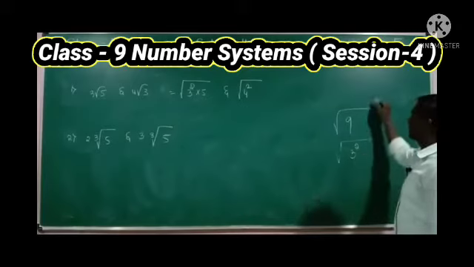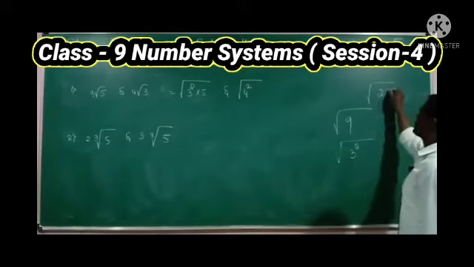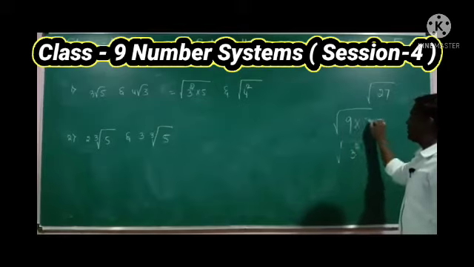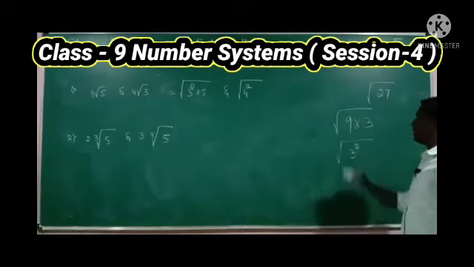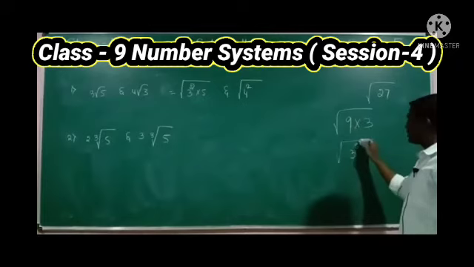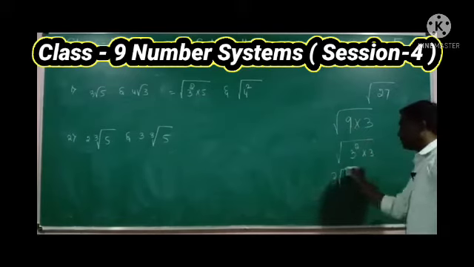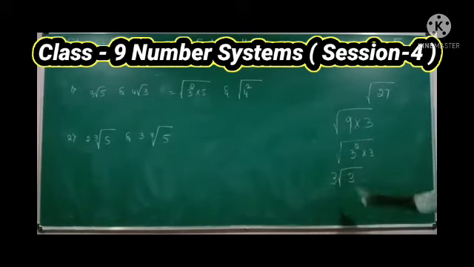Or you can take one more example, 27. How can you write this 27? 27 can be written as 9 into 3. 9 can be written as 3 square. So square and root get cancelled, and 3 comes outside, the remaining is root 3. Root 27 is nothing but 3 root 3.